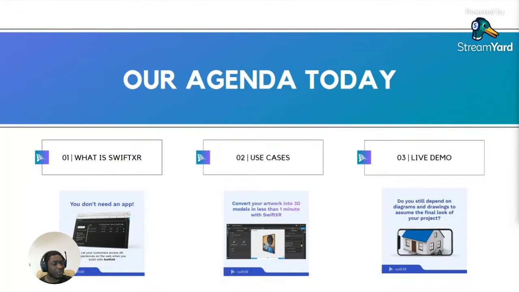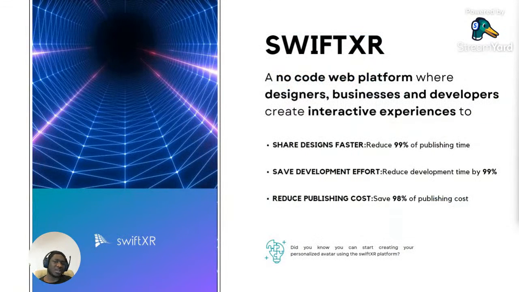Right. So what exactly is SwiftXR? SwiftXR is a no-code web platform that allows you to create AR VR experiences on the web without having to write any single line of code. So it makes development faster. It's very useful for prototyping as well, right?